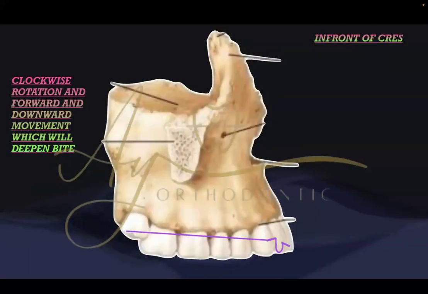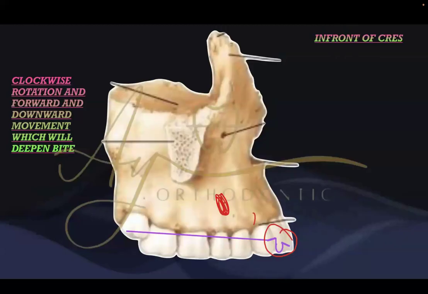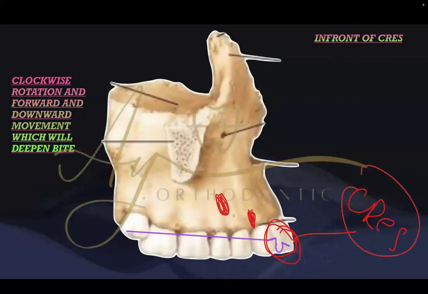It's anterior to the center of resistance, right? In front of it. What will happen? Where is the center of resistance? Between the 4 and 5. Where is the force application? Distal to the lateral or at the C. Where am I going to place it? In front of the center of resistance. So what will happen?